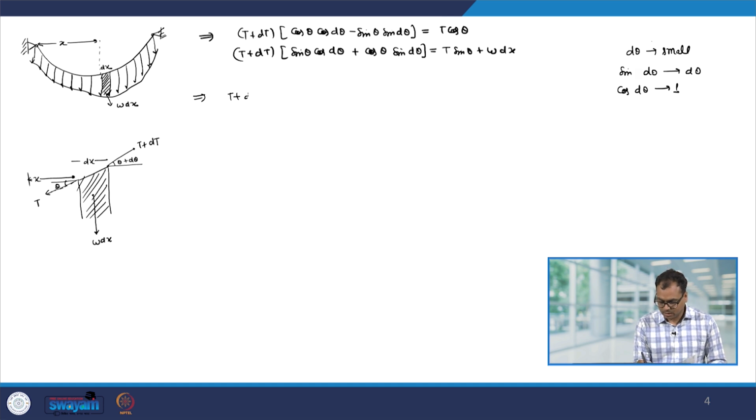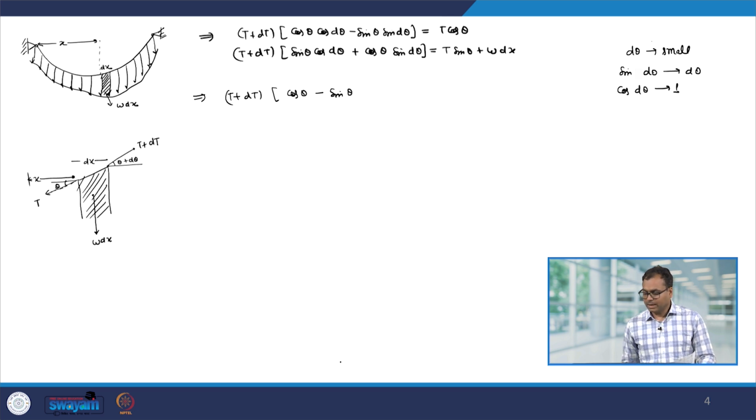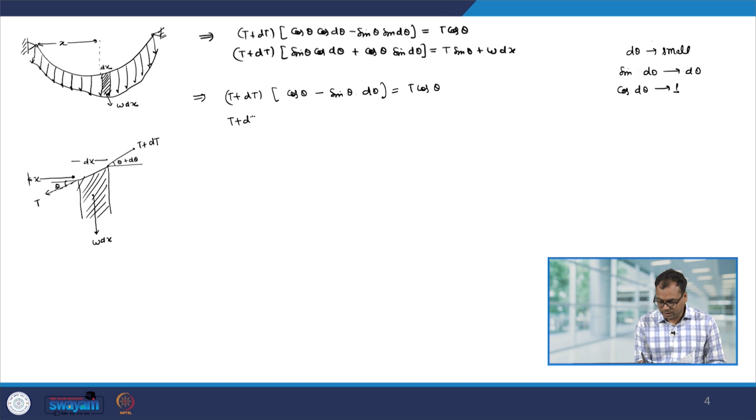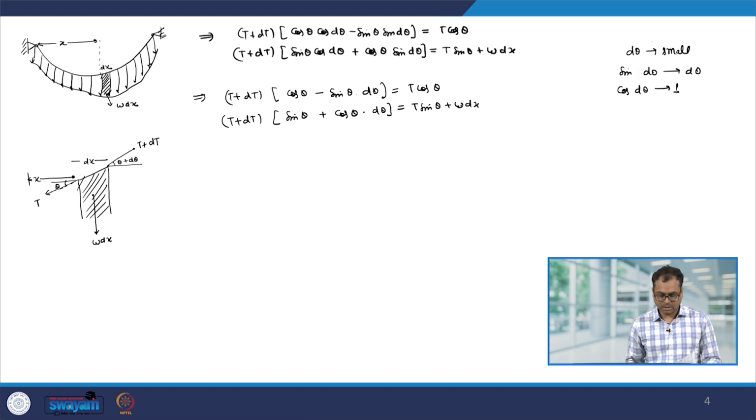So, we have (T plus dT)(cos theta minus sin theta d theta) equal to T cos theta, and we have (T plus dT)(sin theta plus cos theta d theta) equal to T sin theta plus w dx. Now, let us multiply that.